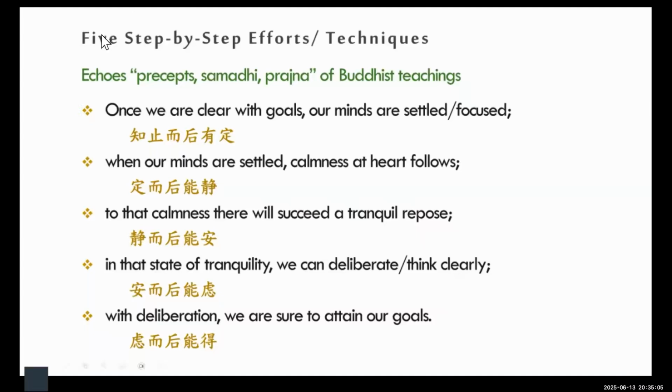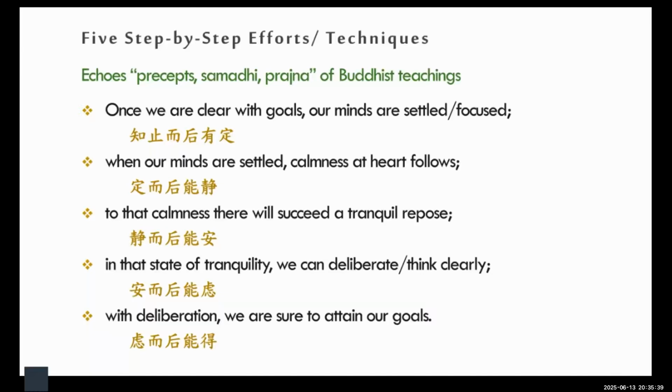I would say this technique echoes the 3 non-flow studies of the Buddhist teaching. The 3 non-flow studies are the precepts. We know precepts, right? Precepts mean what we need to stay away from, all the taboos, the forbidden things.